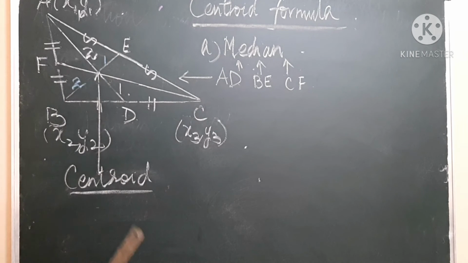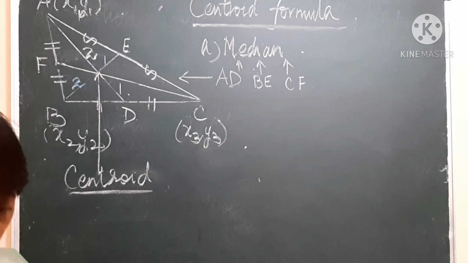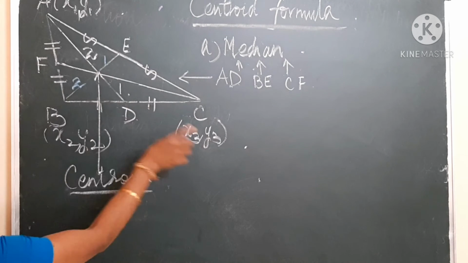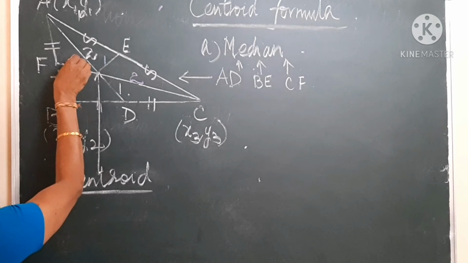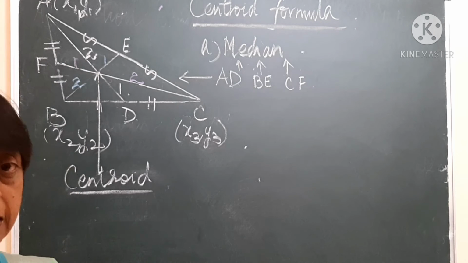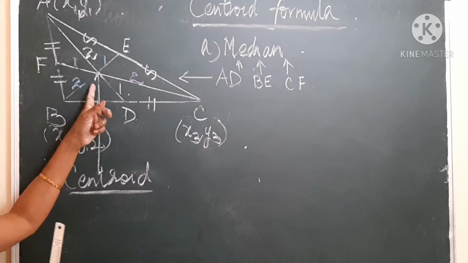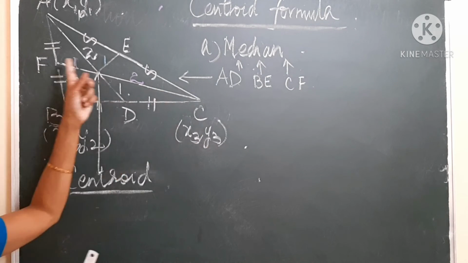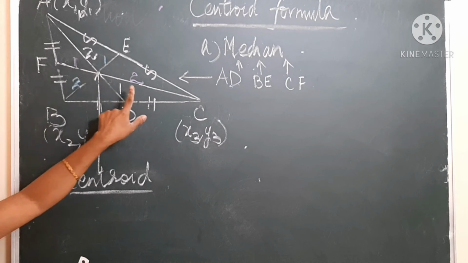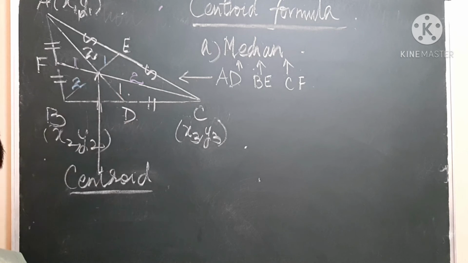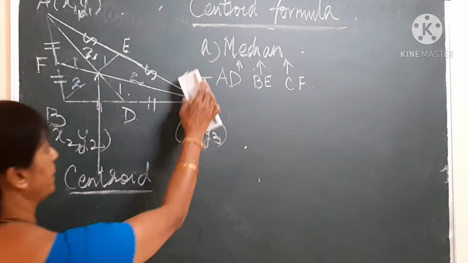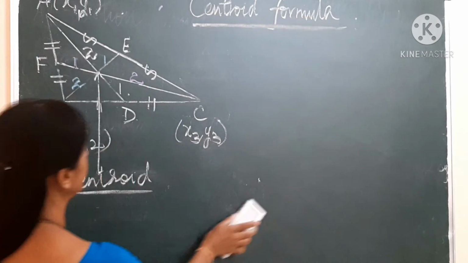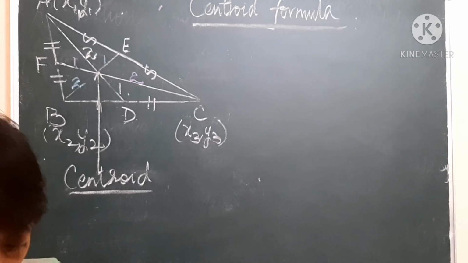Then CF, the third median, will also be divided in the ratio 2:1. So we have already learned in earlier classes that the centroid divides the given median of a triangle in the ratio of 2:1. Let's use this in the section formula to derive the centroid formula. For that, let's draw only one median and move on.